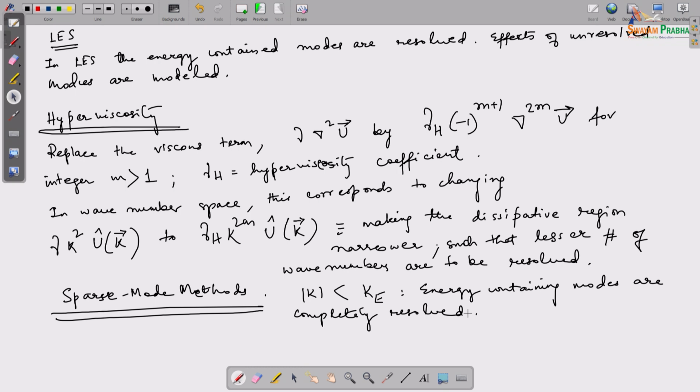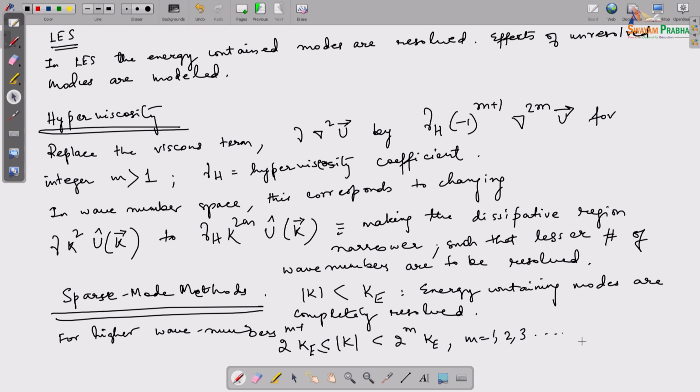And in shells of higher wave number, in this method, for higher wave numbers, this has become a little congested, sorry about that.